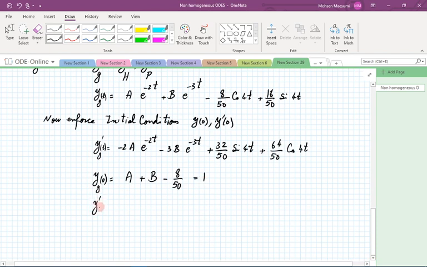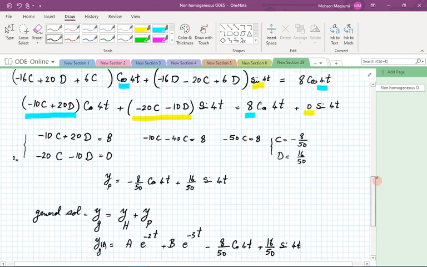Repeat again, y prime at time 0. So from this one I have minus 2a, from this one I have minus 3b, from sine I get 0, from cosine I get this coefficient which is 64 over 50, and that's supposed to be y prime. y prime is initial velocity.